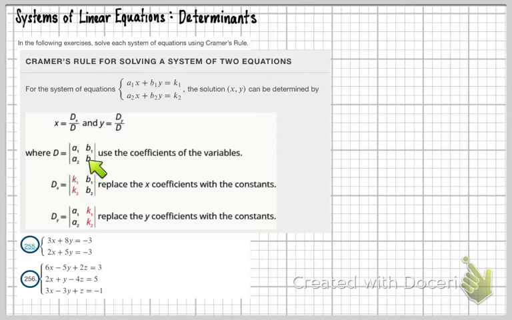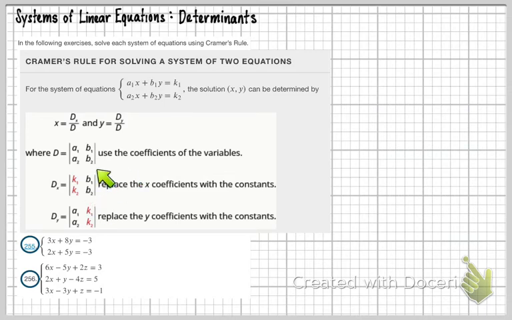So d is actually a1, b1, a2, b2, and that's just what they call the coefficients matrix. That's just using the coefficients of x and y and creating a determinant with those. And that's going to be d.